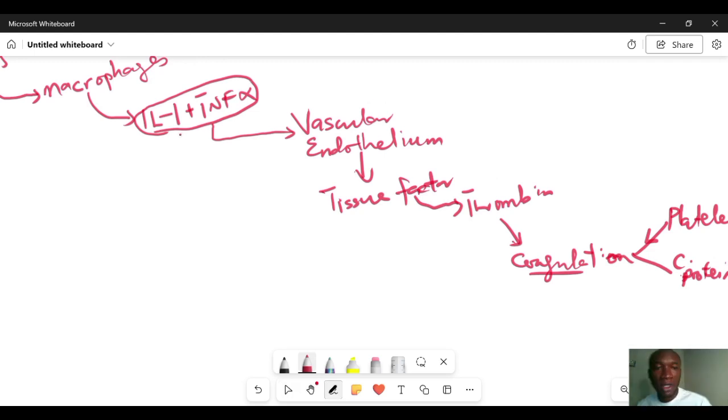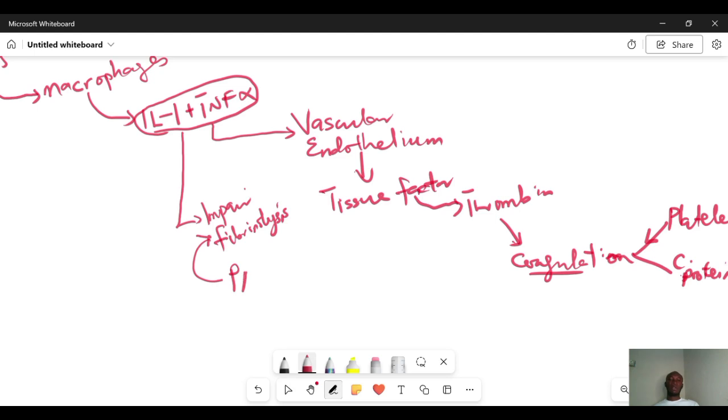Another function of what they also do is that they impair fibrinolysis. They achieve this by activating plasminogen activator inhibitor 1.